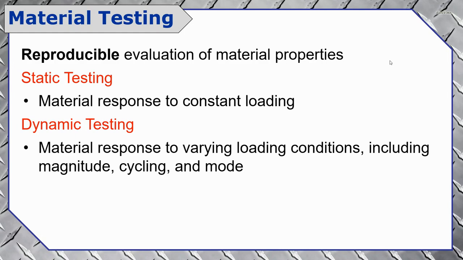Or we have dynamic testing, where we look at a material's response to varying load conditions, including changing the magnitude of the load, cycling that magnitude on or off, as though to simulate traffic driving over a bridge where it's carrying weight, it's not carrying weight, and so on, and the mode of applying those forces.